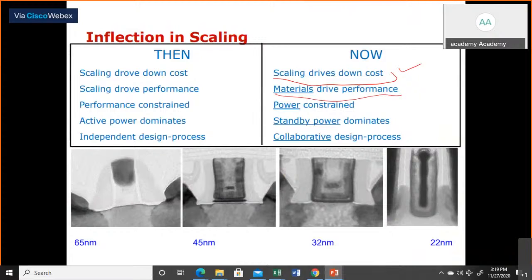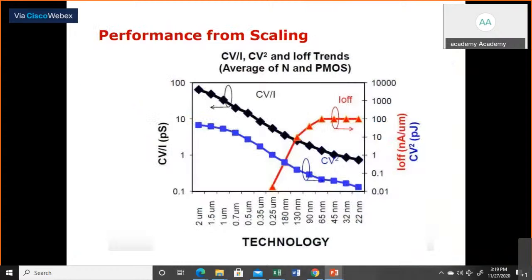As we discussed, standby power dominates nowadays because of further scaling, so it is essential to cope with and rectify these requirements. And in the collaborative design approach, companies are not able to design independently; nowadays they collaborate with each other.